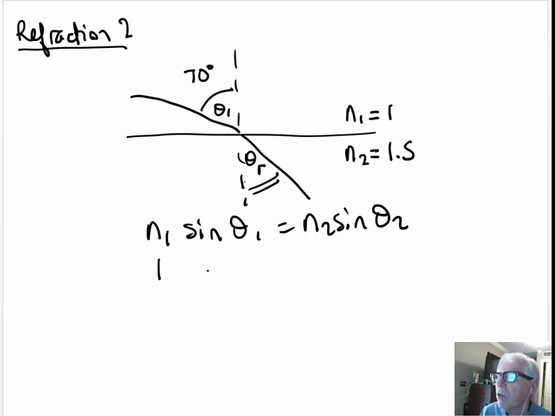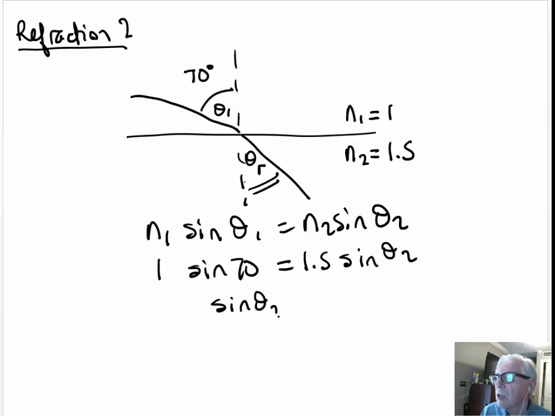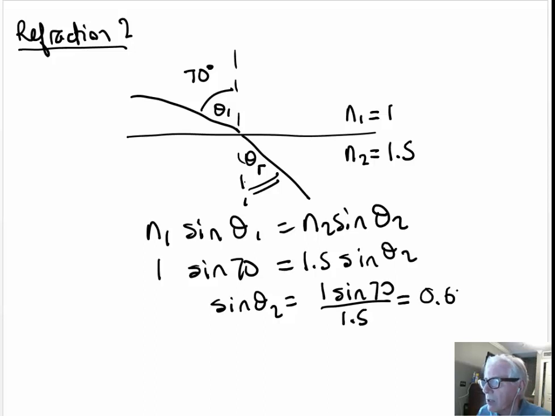So I can say 1 sine 70 is equal to 1.5 sine theta 2. So sine theta 2 is equal to 1 sine 70 over 1.5. Sine 70, enter, divided by 1.5, enter. So that's equal to 0.63 actually.